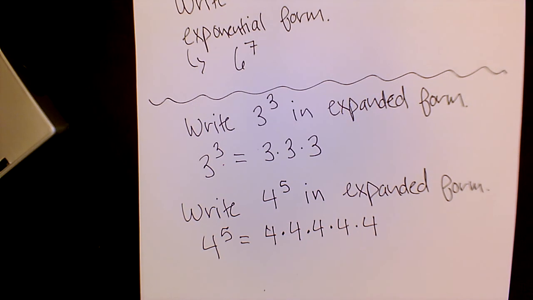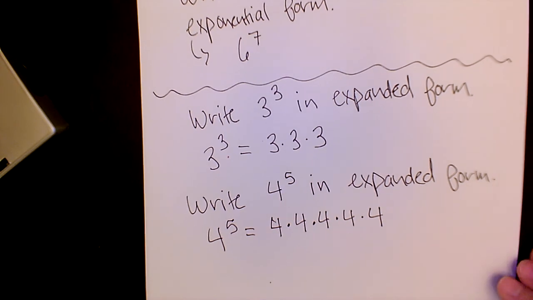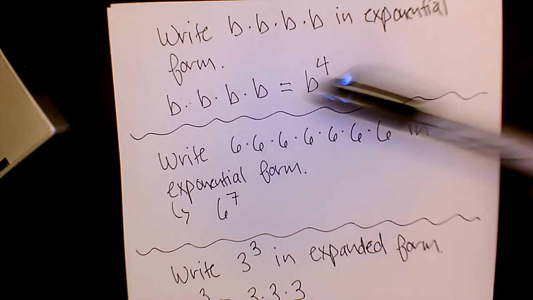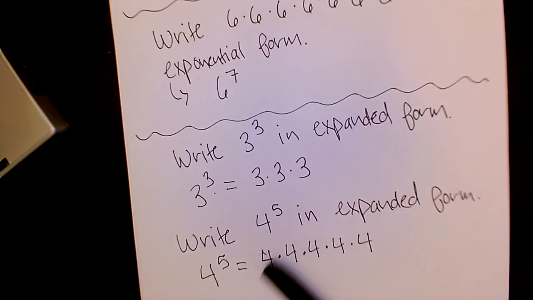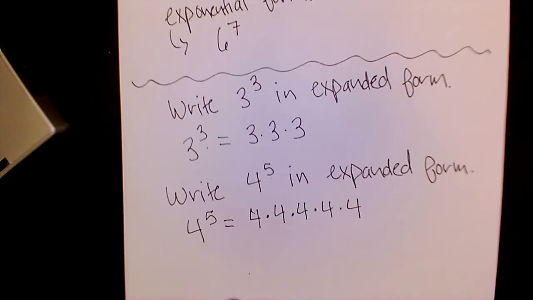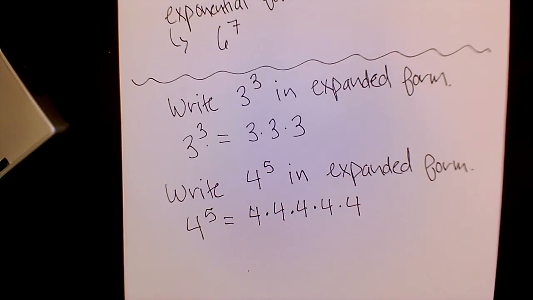So 4 to the 5th is 4 times 4 times 4 times 4 times 4 in expanded form. Easy so far? So we can either take it from expanded to exponential, or from exponential to expanded. I would know how to go back and forth between the two.